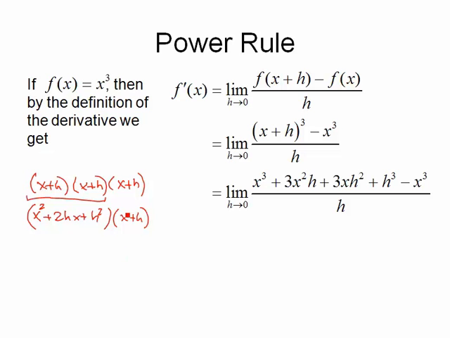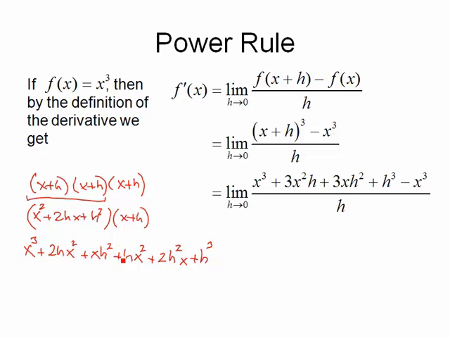If I go ahead and distribute the x on each of those three terms and the h on each one of those three terms, I get x cubed plus 2hx squared plus xh squared plus hx squared plus 2h squared x plus h cubed.